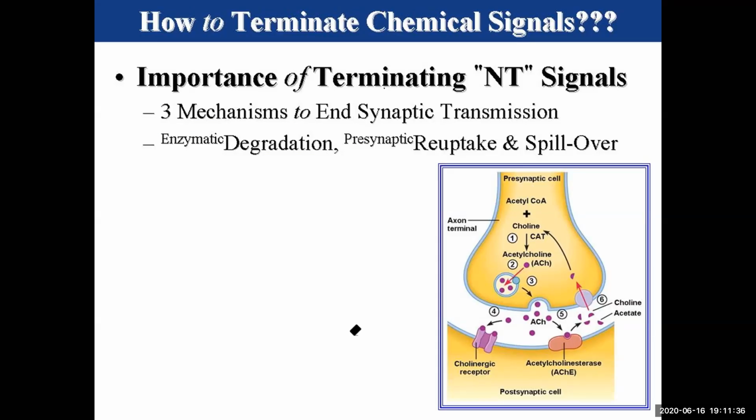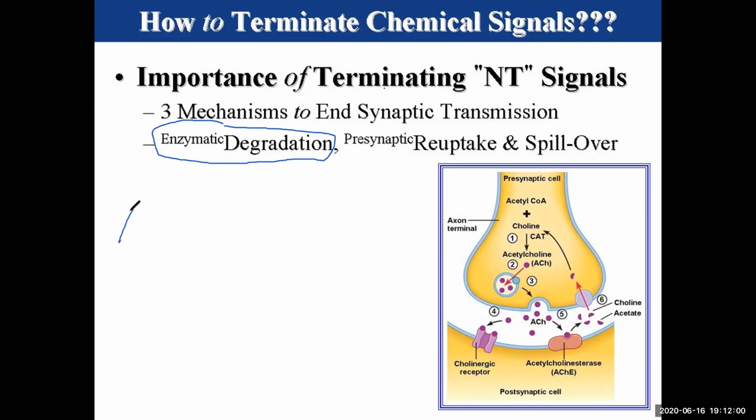All incoming signals should be new, so all old signals should be gotten rid of. So there are three mechanisms to get rid of the chemical messenger. The first one is done by enzymes, so enzymatic degradation.